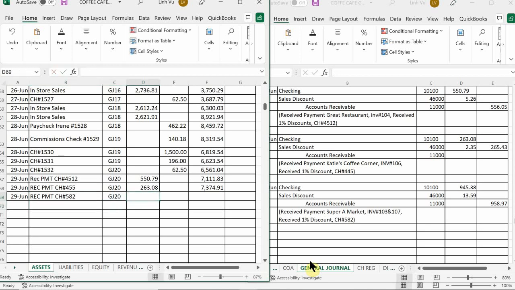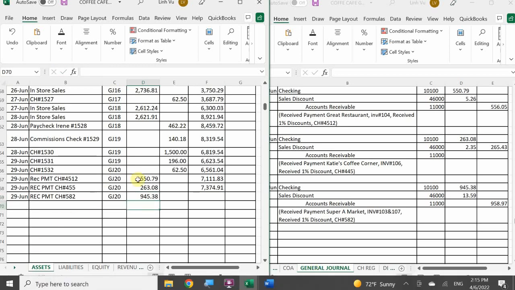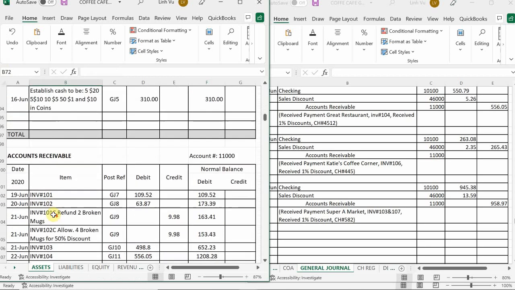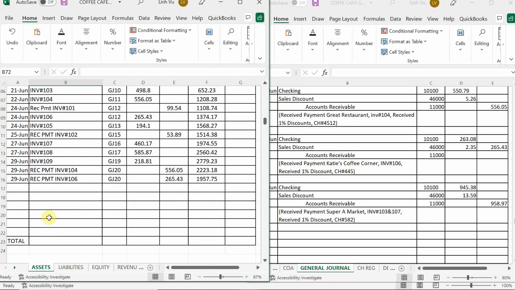And that increased our account by $945.38, which should bring my total account balance to $8,320.29. Good. Since I'm already here, I'm just going to go right down below to my accounts receivable and update that right away.